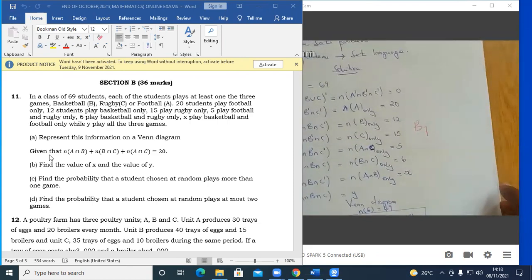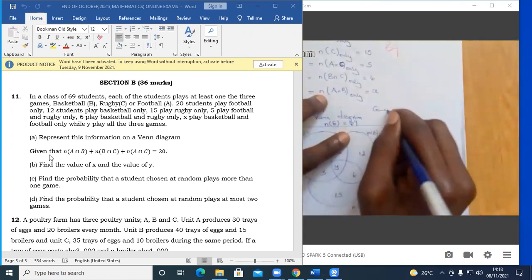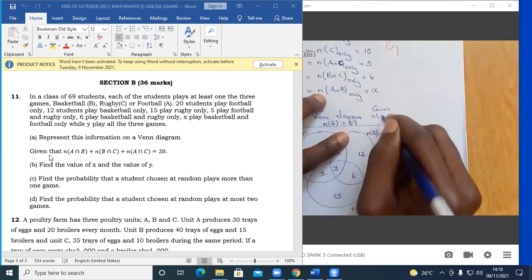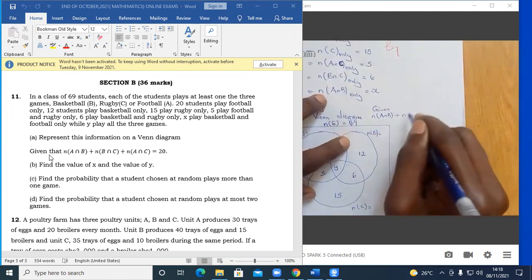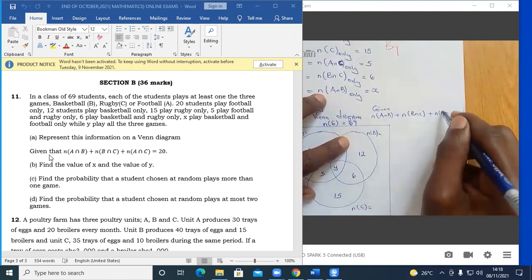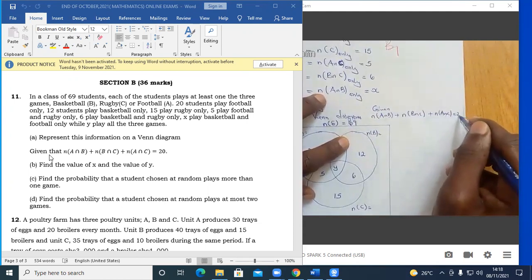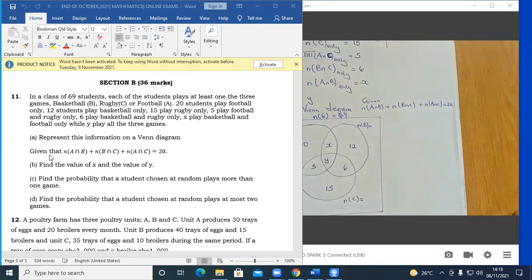Let me write it here. They have given number A intersection B plus number B intersection C plus number A intersection C must be equal to 20. That information is very important.